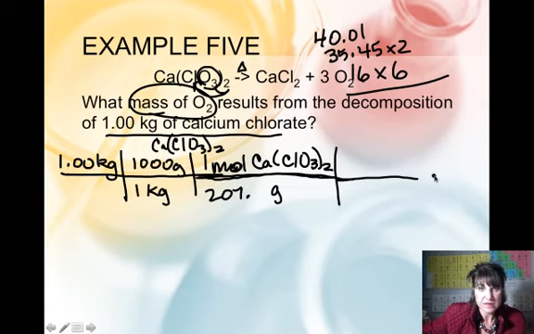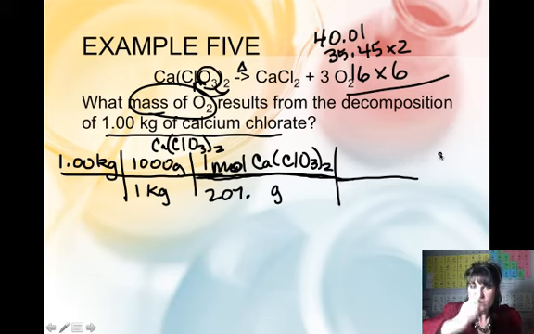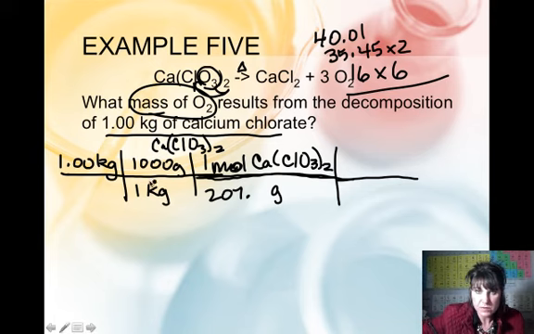Now what do we do next? We want to get to the mass of oxygen. Right now we have moles of calcium chloride. How do we get moles of calcium chloride to be related to moles of oxygen? This is where your balanced equation comes in.